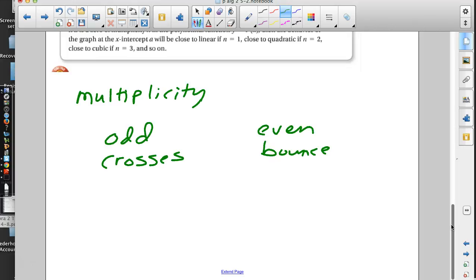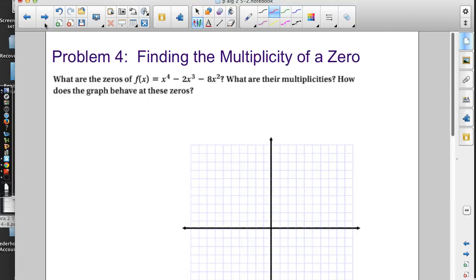So it's going to bounce, and our fancy math word for that is tangent. So it'll be tangent at that point. So now, we will know end behavior. We will know where the zeros are, and we are going to know how the graph behaves at those zeros. We know just about everything there is to know about a graph, just by looking at the fabulous little equation that we have. So look at that bugger. Oh my!